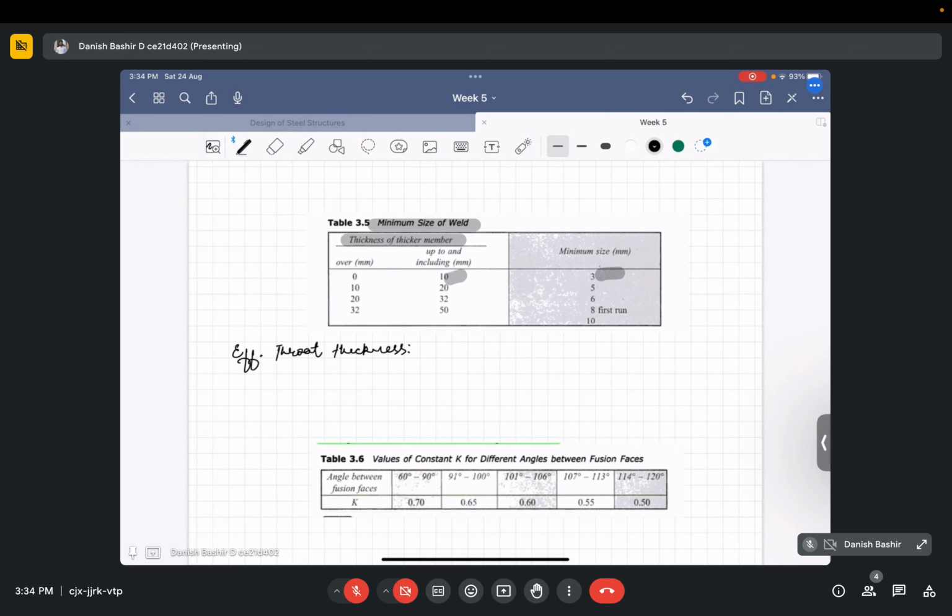So for example, I will have a weld like this. This is the cross section of the fillet weld. Remember.